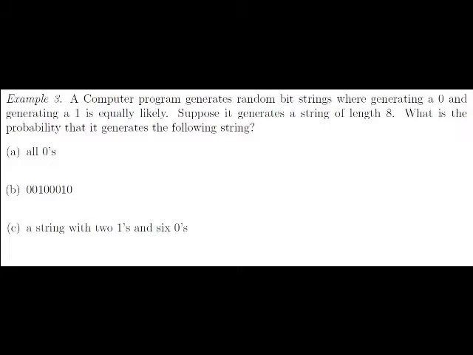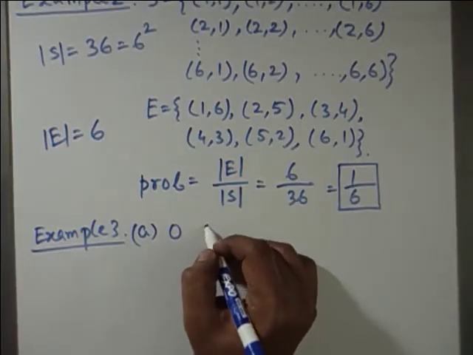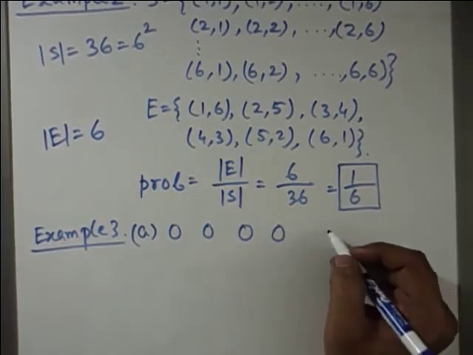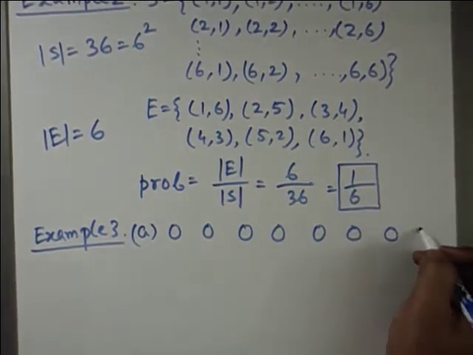Example 3 is, a computer program generates random bit strings where generating a 0 and 1 is equally likely. So when it generates one bit, 0 or 1 comes up with probability half. Now it generates a string of length 8. What is the probability that it generates the following string? A. A is all 8 zeros. So 0, 0, 0, 0, 0, 0, 0, 0.